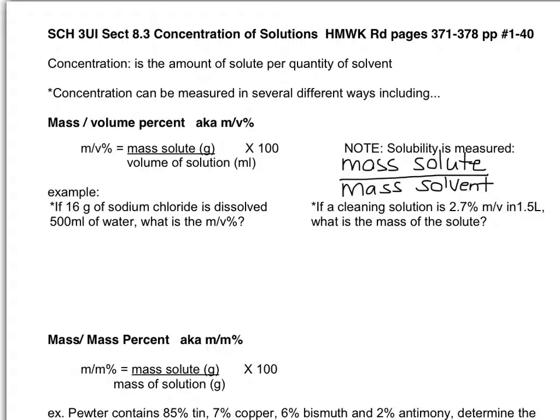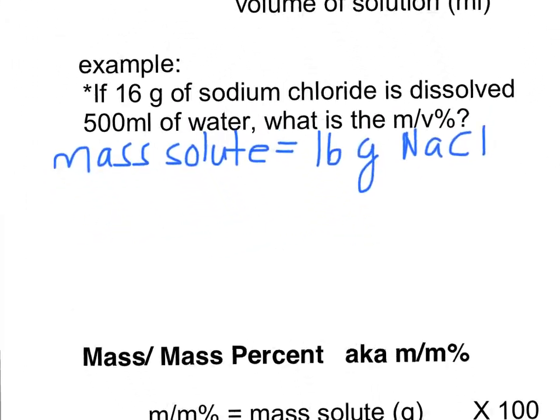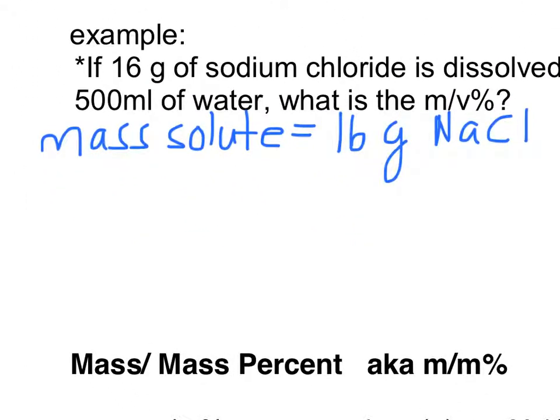You're going to make sure that you write down the information that you've actually got. So we're going to say that our mass of the solute is 16 grams, NaCl being the solute.